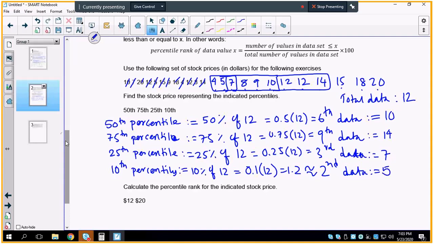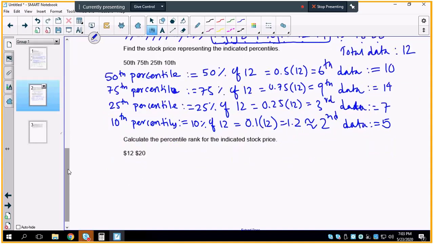On the other hand, we are now finding the percentile rank of the stock prices. So the 12th percentile rank. What do I do? I find the number of data that are less than or equal to 12, divide by the total number of data, and I make it a percentage, so times 100, and I round up to the next whole number.